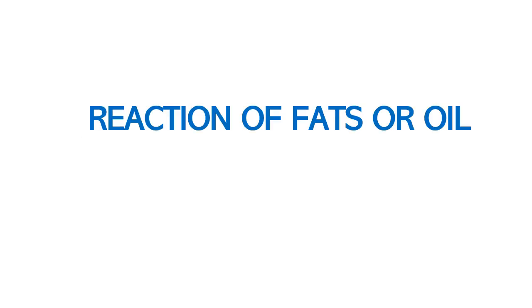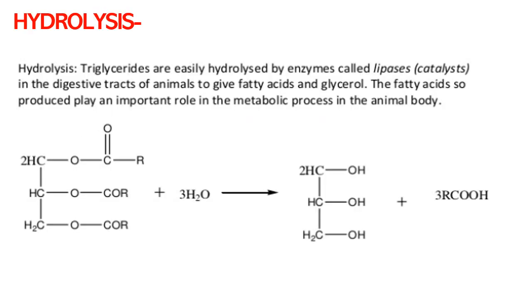Next, reactions of fat or oil. First, hydrolysis. In this process, triglycerides are easily hydrolyzed by the enzyme lipase, which is a catalyst, in digestive tract of animals to give fatty acid and glycerol. The fatty acids so produced play an important role in metabolic process in the animal body.